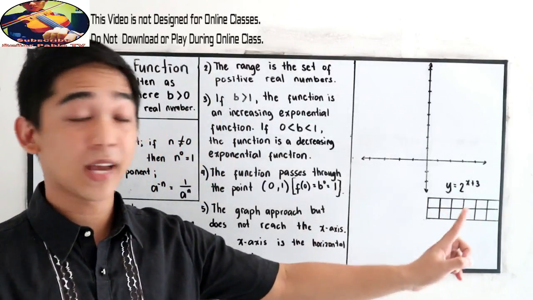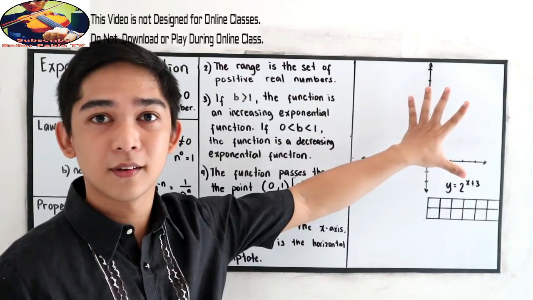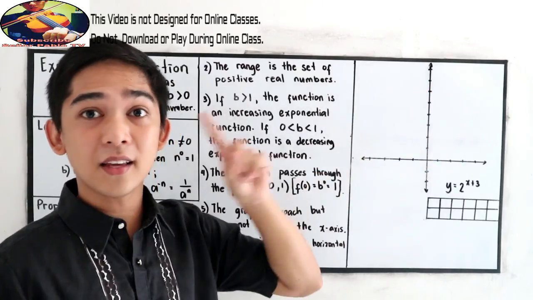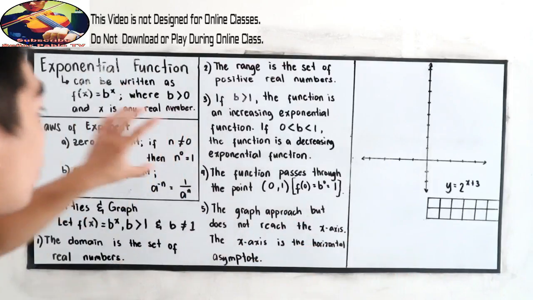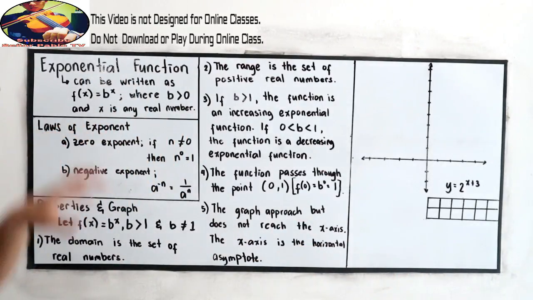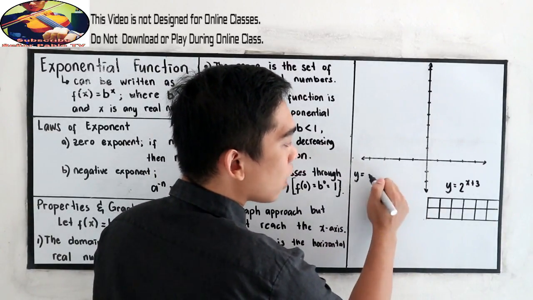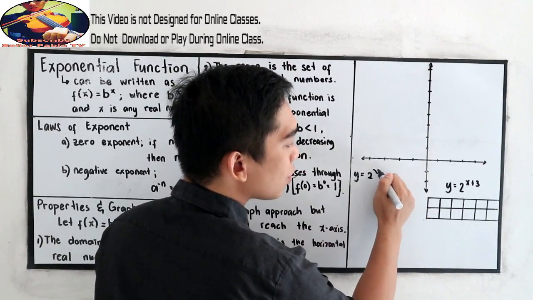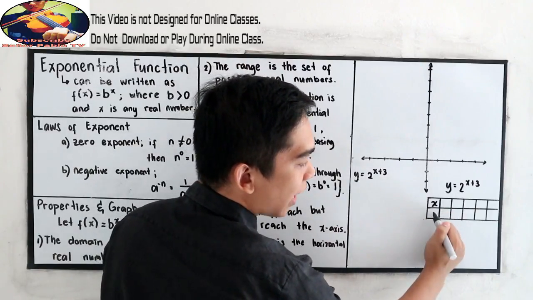And of course, after getting the table of values, let us graph. The technique is, we need to apply our laws of exponent. So the given is y = 2^(x+1). So we have x and y.